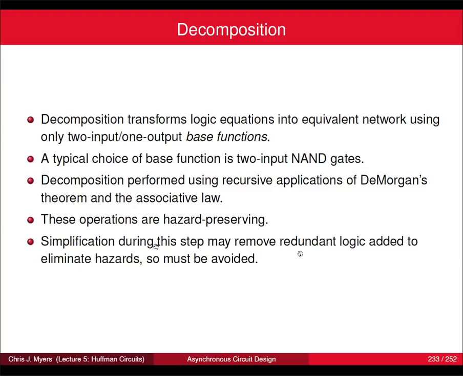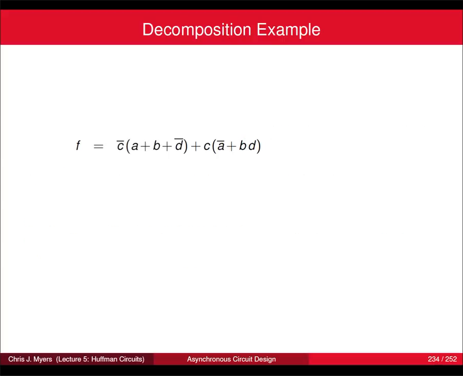So again, as I mentioned, you can't do any simplification as you're doing the decomposition. You need to leave the redundancy in that you put in for hazard coverage. But otherwise, you can just decompose it as you go. So let's say this is our output of multi-level logic synthesis, and I need to break that into NAND gates. So you can just use De Morgan's theorem and the associative law to turn this into NAND gates.